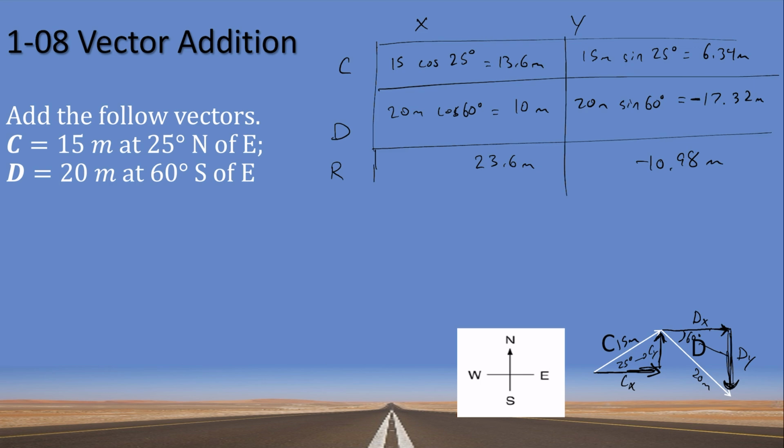So what does that mean? Well, that means that our resultant goes 23.6 horizontally and goes 10.98 downwards vertically.